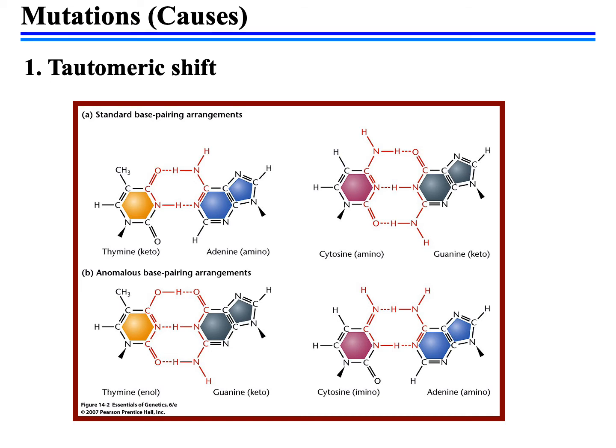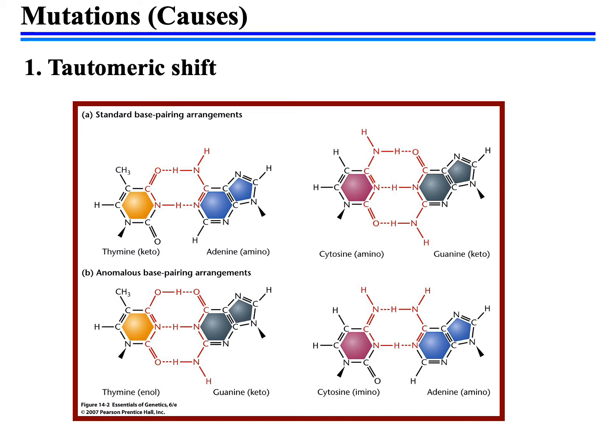On the right-hand side in panel A, you see cytosine hydrogen bonding with guanine. Again, this is our normal, typical base pairing, with 3 hydrogen bonds that fit together like puzzle pieces to allow cytosine and guanine to interact.